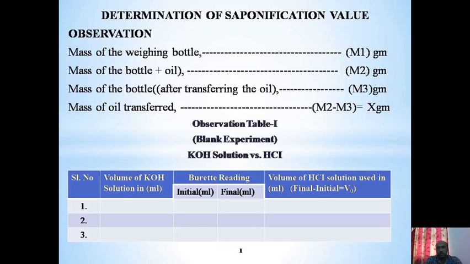Then the volume of HCl solution used, that means how much ml of HCl is consumed by the KOH, is the final volume minus the initial volume of the burette reading, equal to V0.